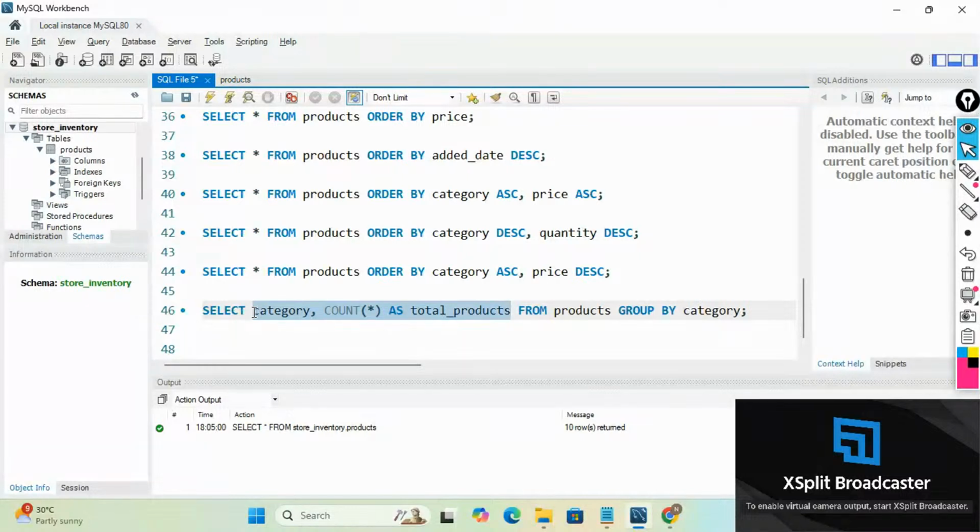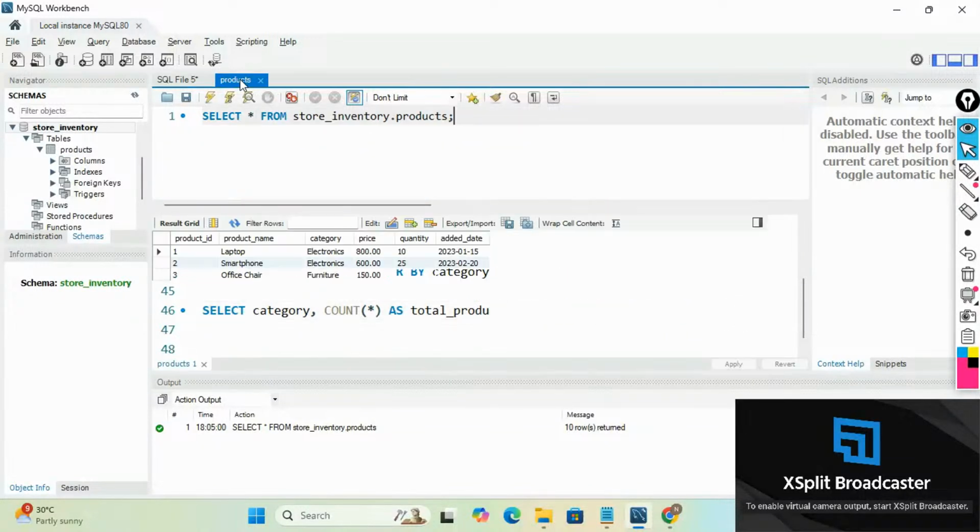We'll talk about the query first. I'm using the select command. Some columns have been here, ignore for the time being. From table name, from products, what clause am I using? I'm using group by on the column category. So it groups the records based on category.